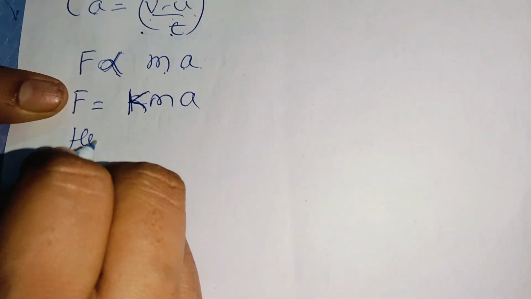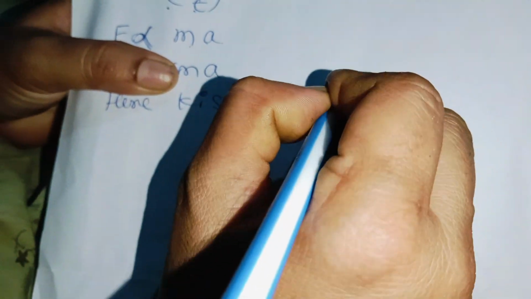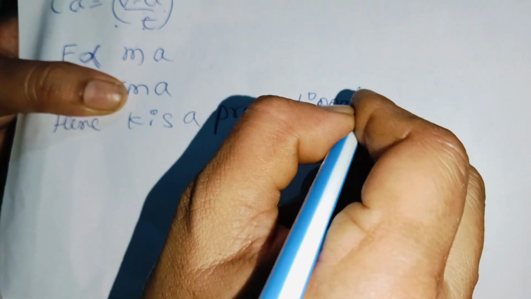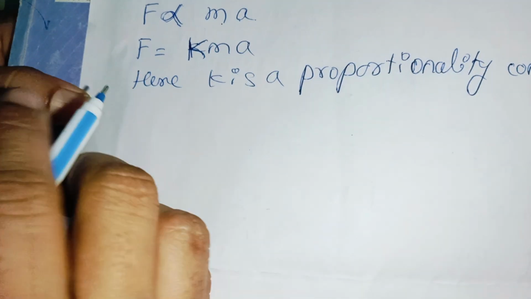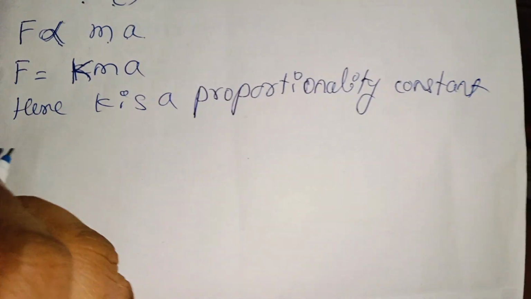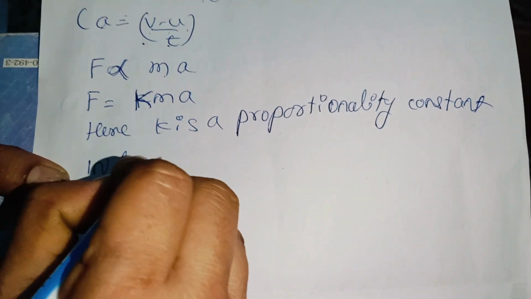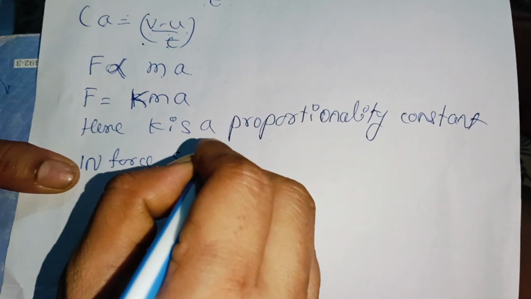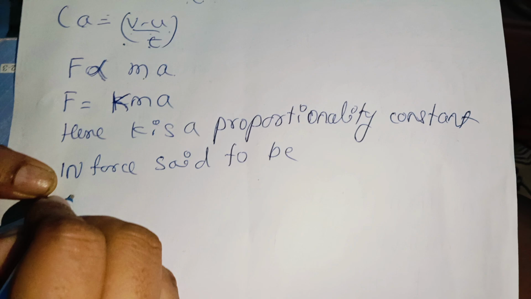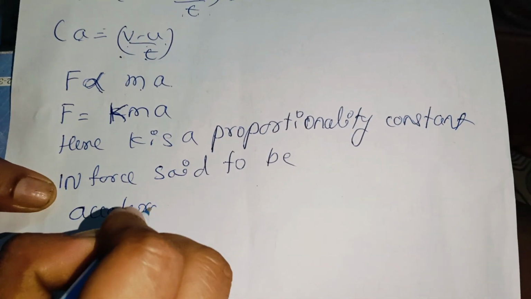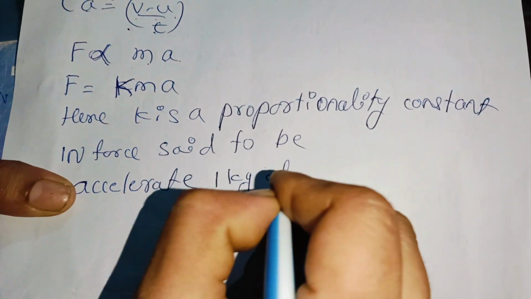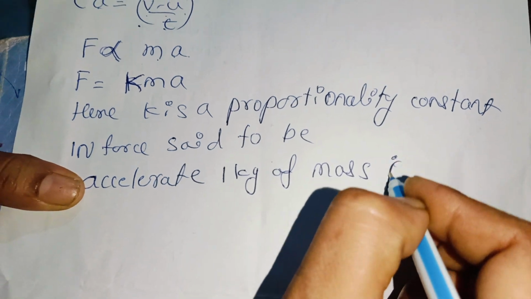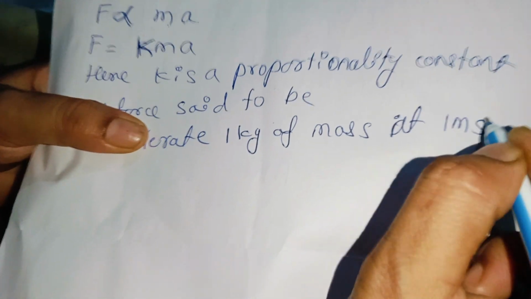Here k is a proportionality constant. Suppose we say 1 Newton of force is said to accelerate an object of 1 kg mass at 1 meter per second square.